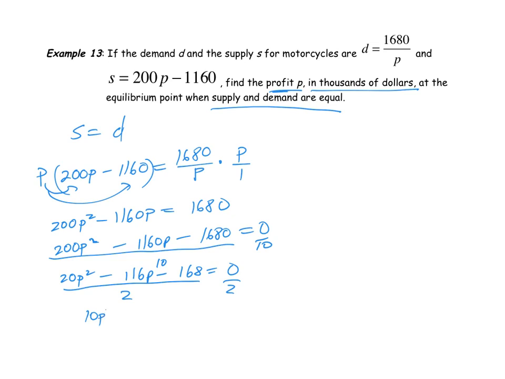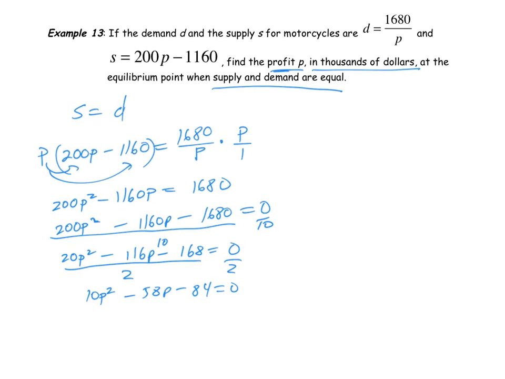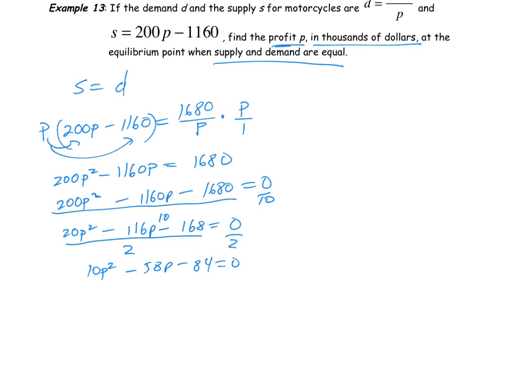That leaves us with 10p squared minus 58p minus 84 equals 0. Once again, we've got all even coefficients, so let's divide both sides by 2. If you were able to divide by a larger number earlier, that's fine. This gives us 5p squared minus 29p minus 42 equals 0.